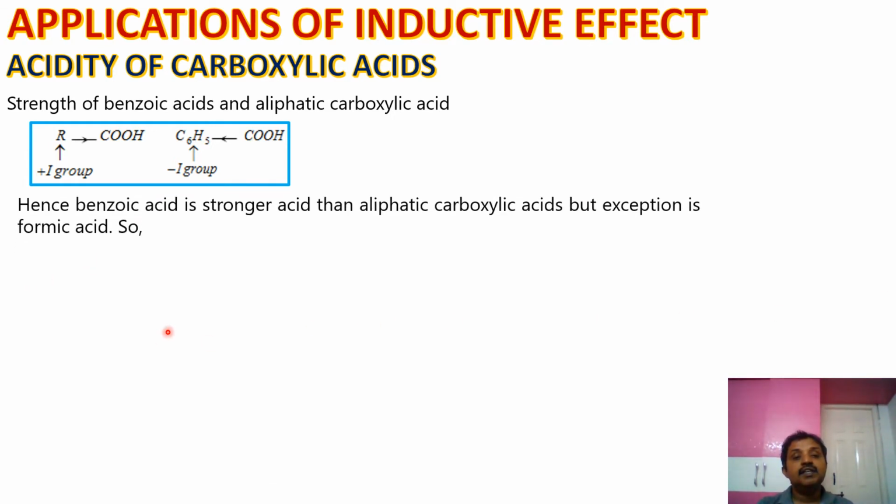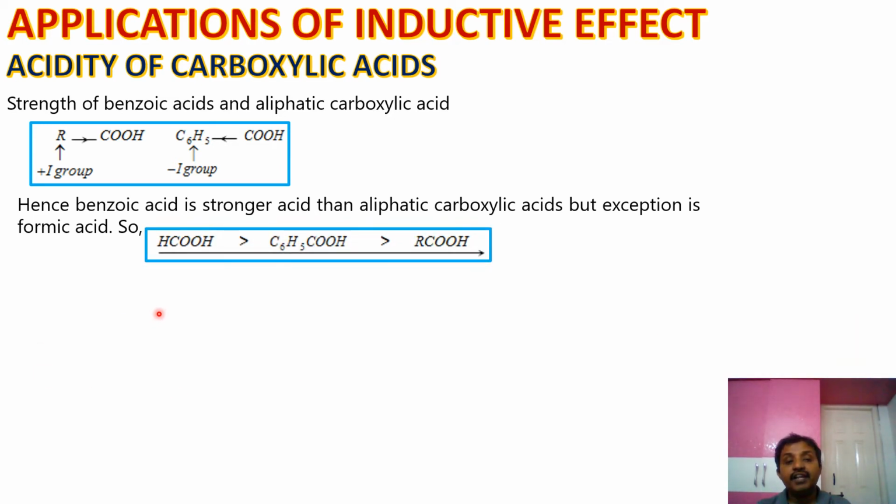Hence, benzoic acid is a stronger acid than aliphatic acids. In aliphatic acids, alkyl groups are there. Alkyl groups show a positive inductive effect, which destabilizes the carboxylate ion.